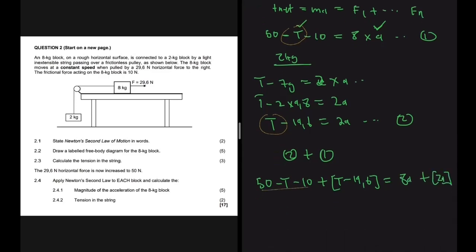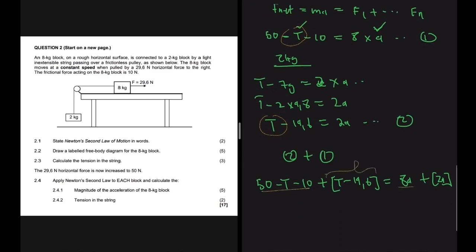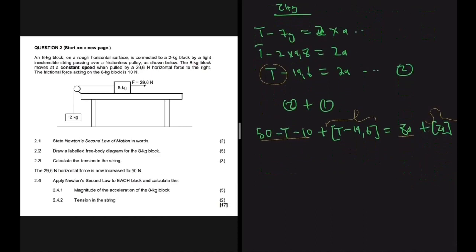This is equation 1, and I'm adding equation 2. So T and T are going to cancel out, like you see. So on this side, I'm going to be left with 50 minus 10 minus 19.6 equals 10a. This implies that a equals 50 minus 10 minus 19.6 divided by 10.